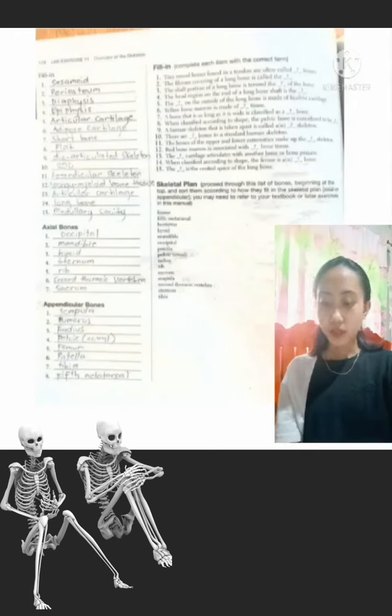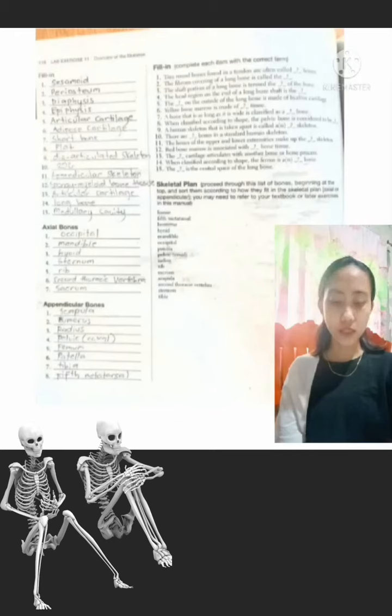Number 13, the blank cartilage articulates with another bone or bone process. The answer is articular cartilage. And number 14, when classified according to shape, the femur is a blank bone. The answer is long bone. And number 15, the blank is the central space of a long bone. The answer is medullary cavity.